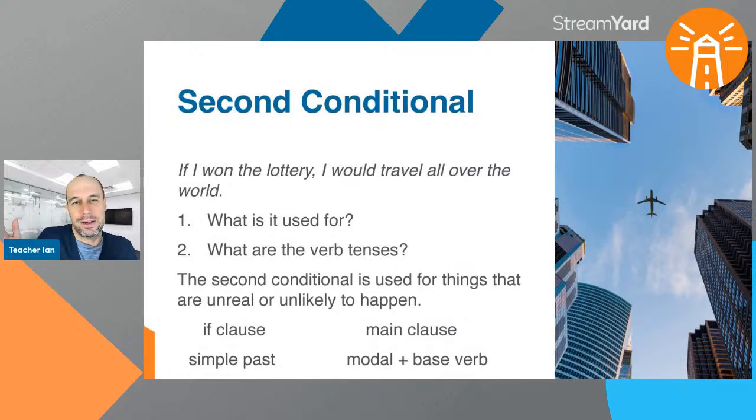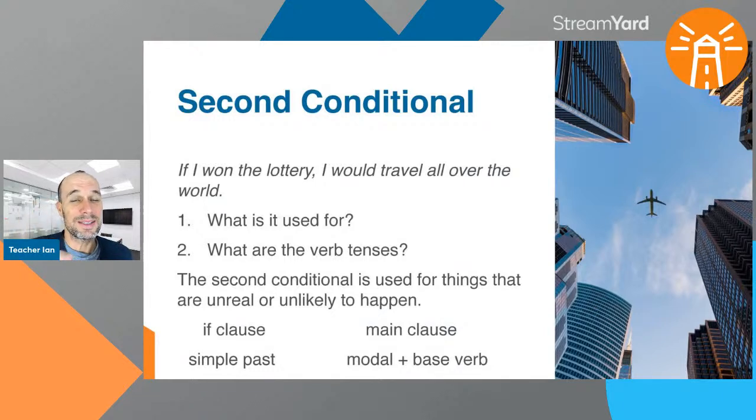You know, maybe it could happen. It's possible that I could win the lottery, but probably not because, you know, not the average person wins the lottery. So, unreal, possibly going to happen, but probably not. Look at the grammar too.